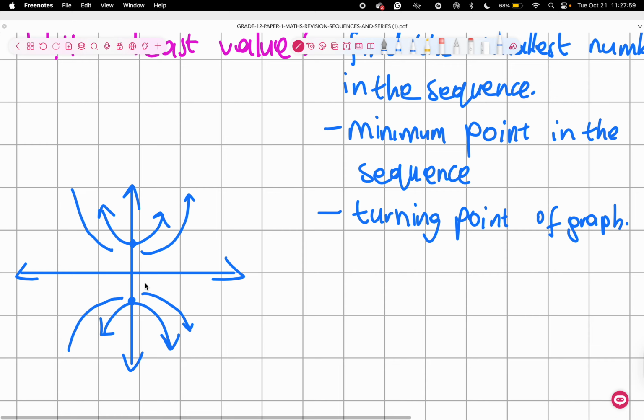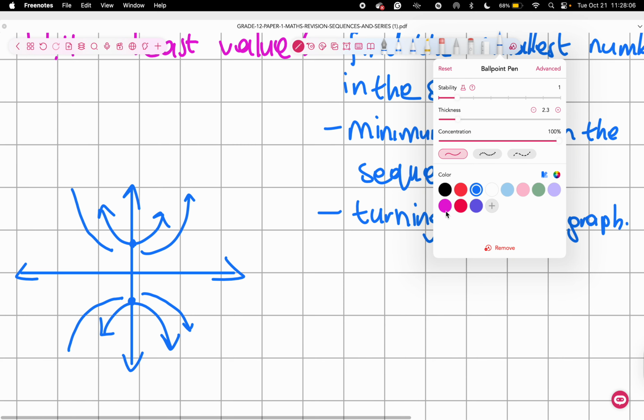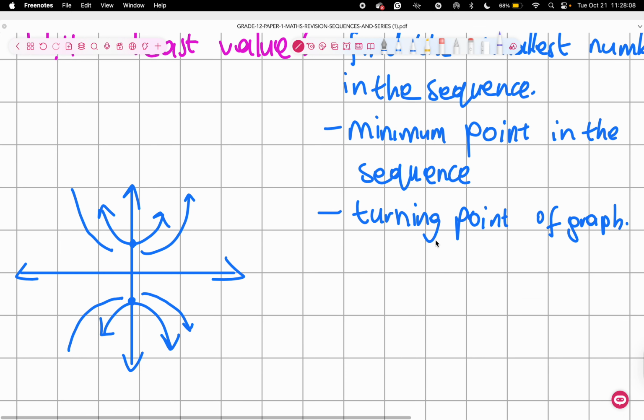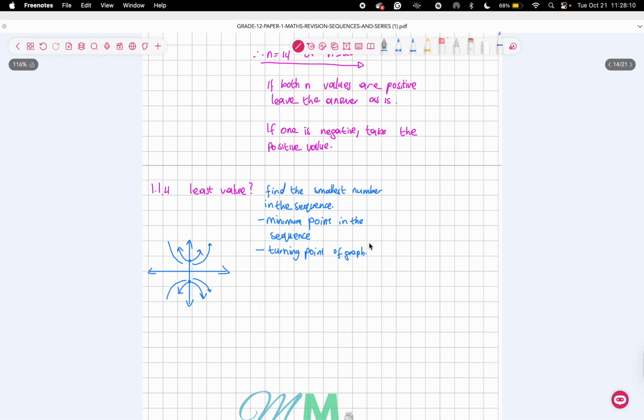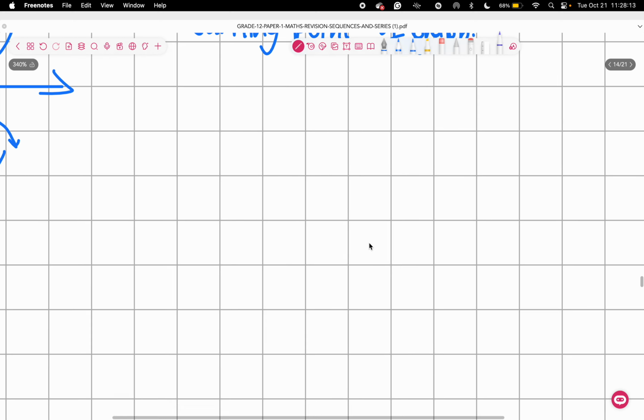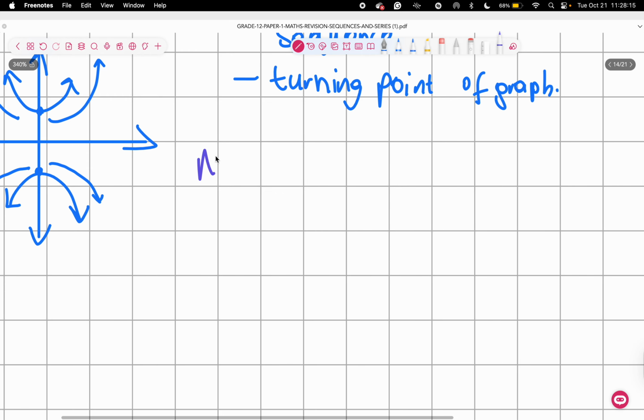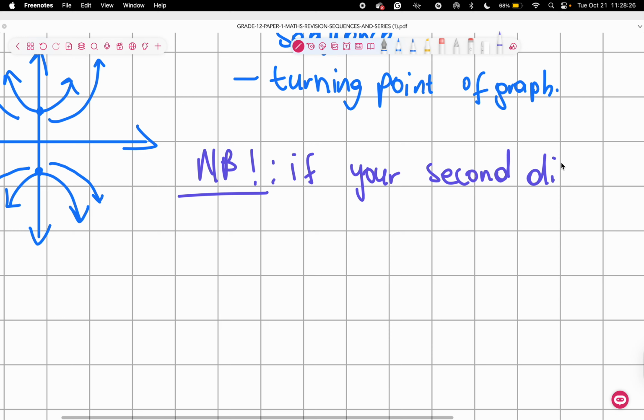Okay, but there's also something I need to point out with a different color because it's very important. Let's see. Okay, I'll write it here. If your second difference, okay, I'm not going to write the word in full.